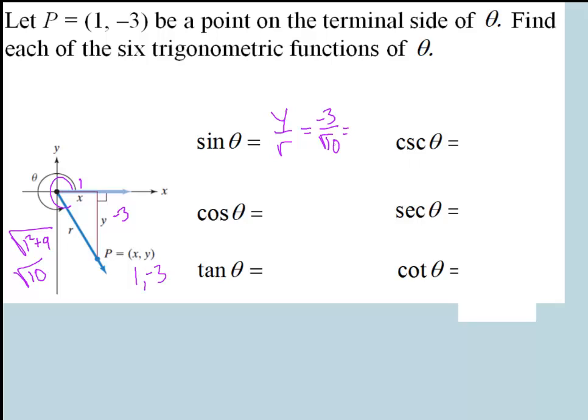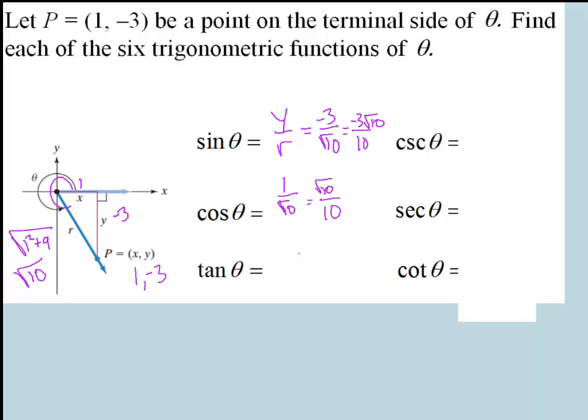Another way to write that, if we don't want to leave square roots in the bottom, is to multiply top and bottom by the square root of 10, so it's -3 radical 10 over 10. Cosine is the x value over r, so it's 1 over the square root of 10, which is the same as the square root of 10 over 10.